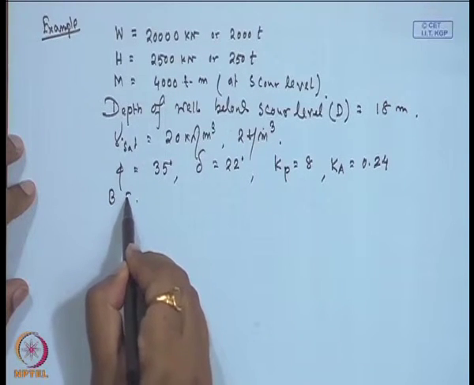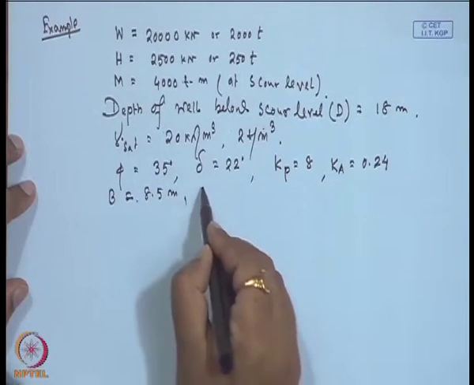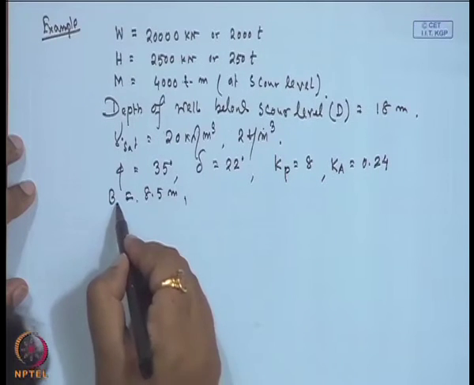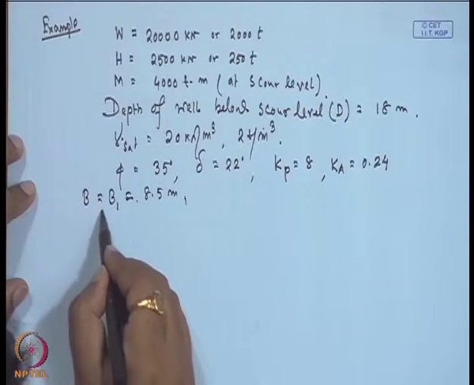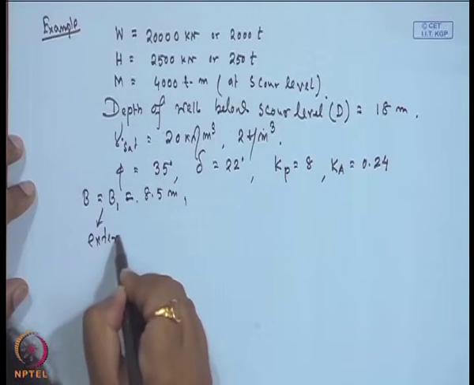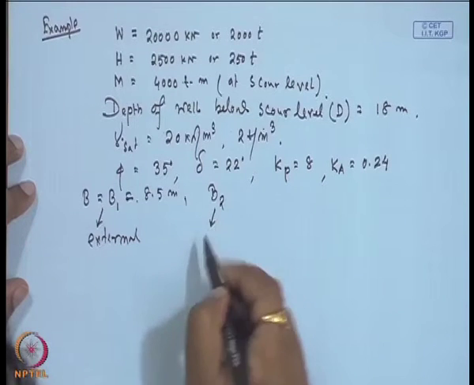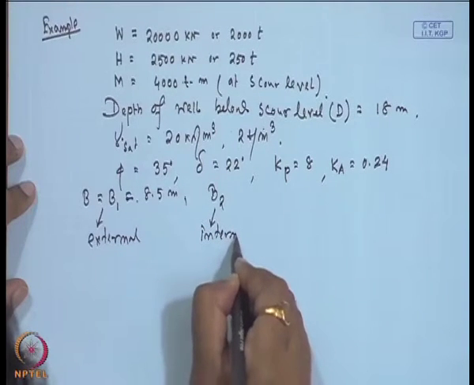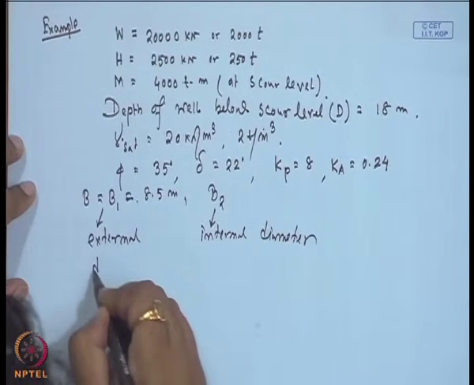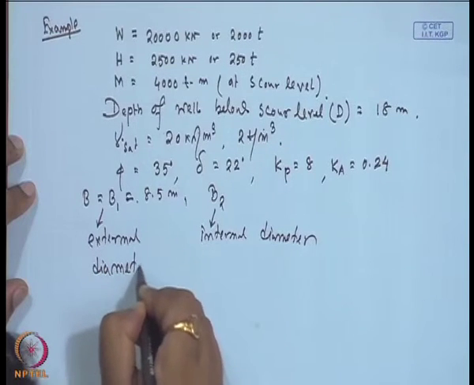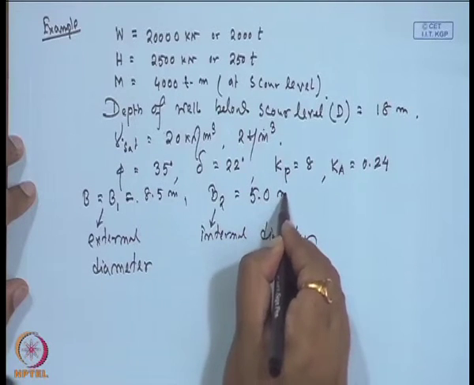And B, the external diameter of the well, is given as 8.5 meter, and the internal diameter of the well, B2, is given as 5 meter.